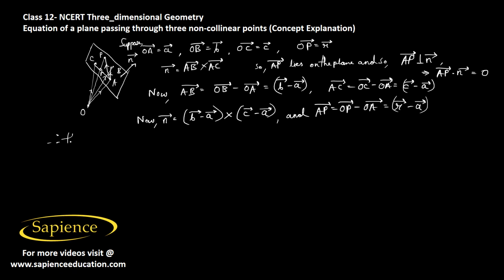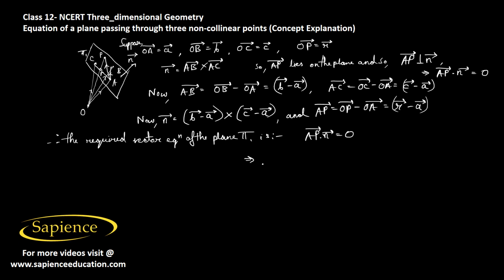So therefore, let's say this plane is pi1. The required vector equation of the plane pi1 is given as AP vector dot n vector equal to 0.